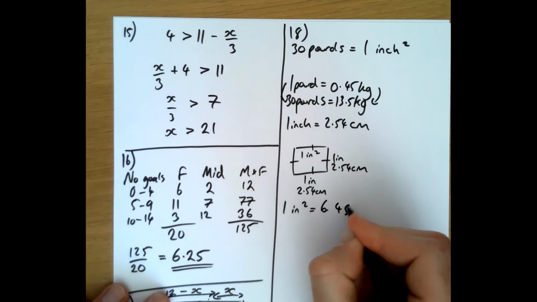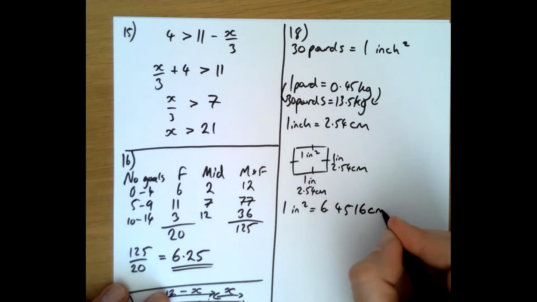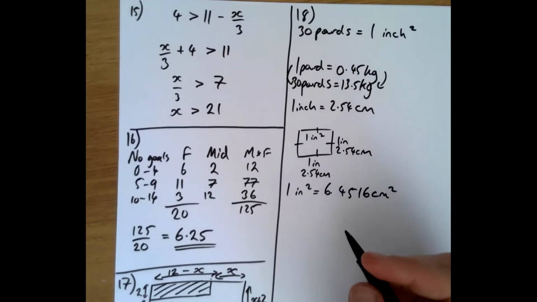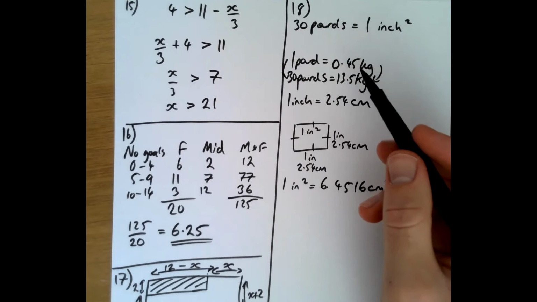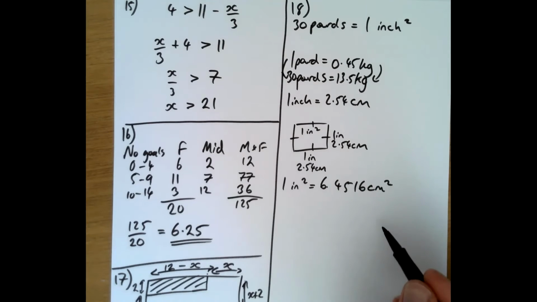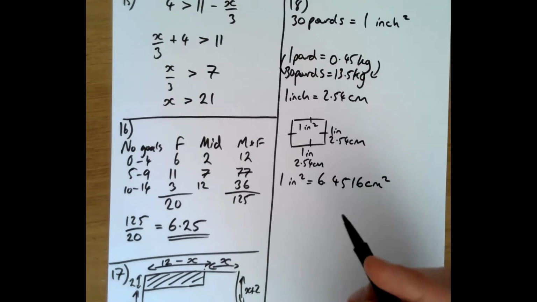6.4516 centimetres squared. So we've got 30 pounds, but that is being exerted over 6.4516 centimetres squared in effect. So we just want it per square centimetre.